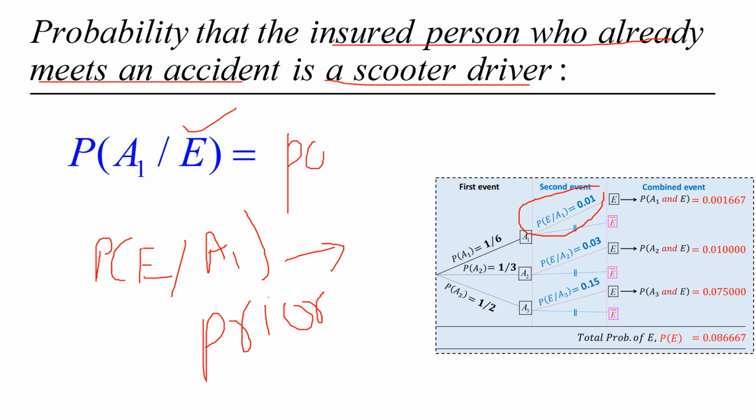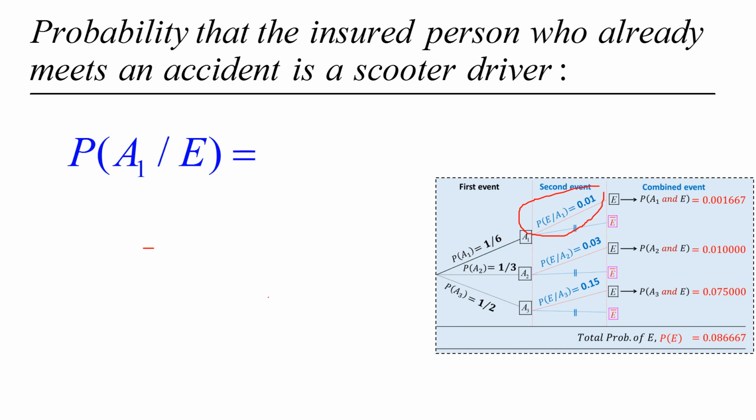Posterior means after the accident, after happening accident. So the accident has taken place, and we know that the three different types of driver can meet an accident. Now we have to find the chance that the person who met an accident is a scooter driver.